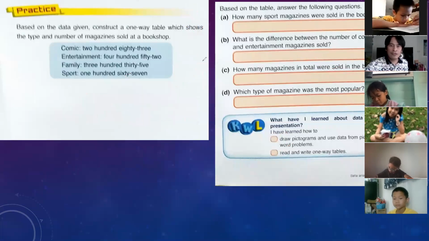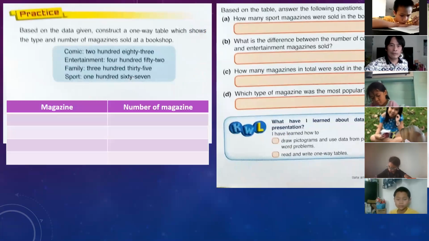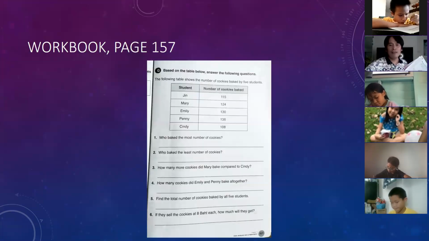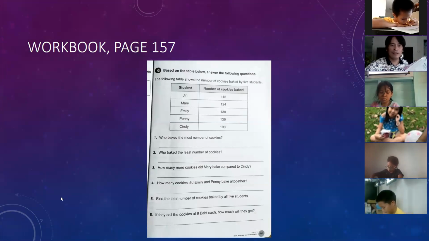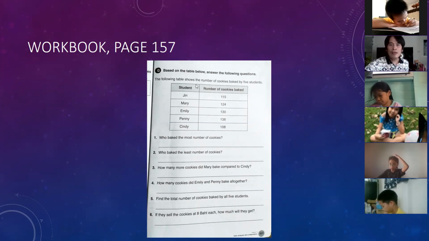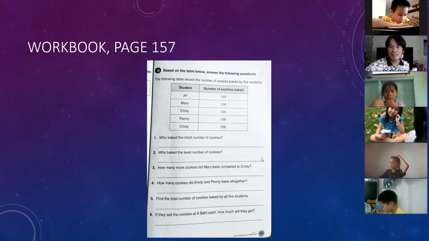On page 157, based on the table below, answer the following questions. The following table shows the number of cookies baked by 5 students.